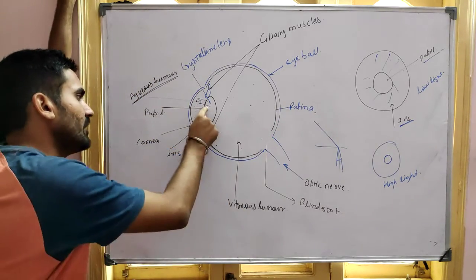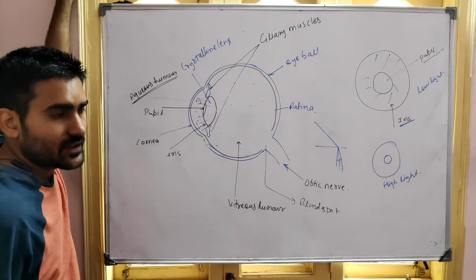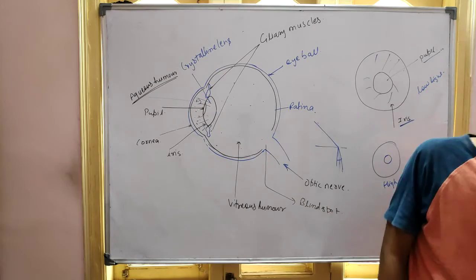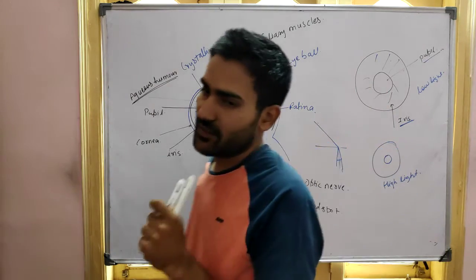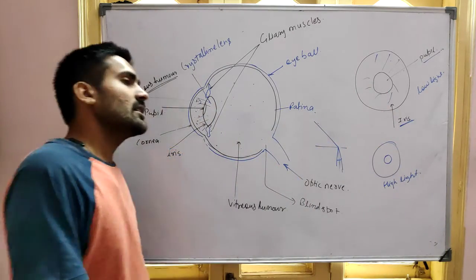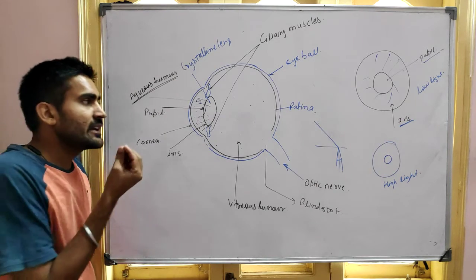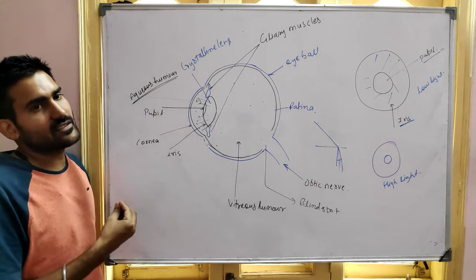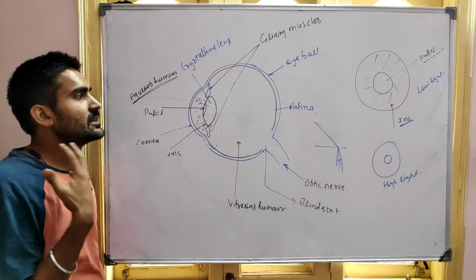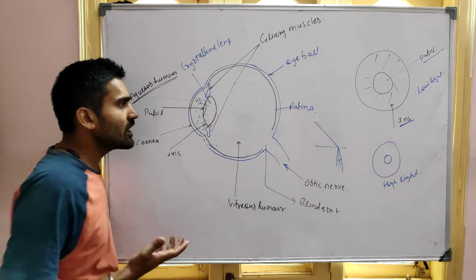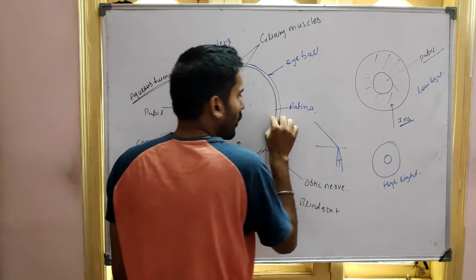Okay, then it is a lens. See guys, this is not a solid lens, and it is a convex lens. This lens can alter its focal length. It can increase its focal length, it can decrease its focal length, right? It depends on where the object is, because we know that the image should form on the retina.